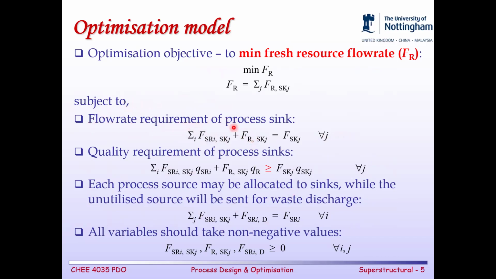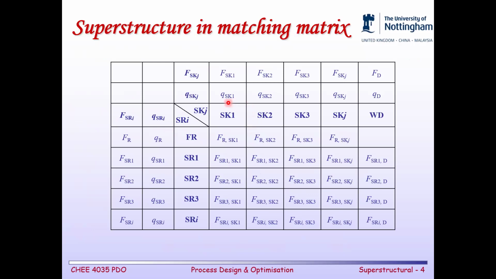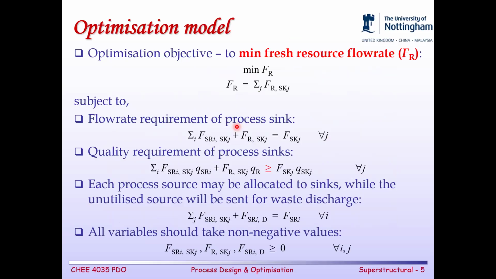The first constraint refers to the process sink balance, since in the given problem, the process sinks would require water usage. The sink balance would consist of the summation of all the connections from source I. By the way, we use the index I for the source and index J for the sinks.